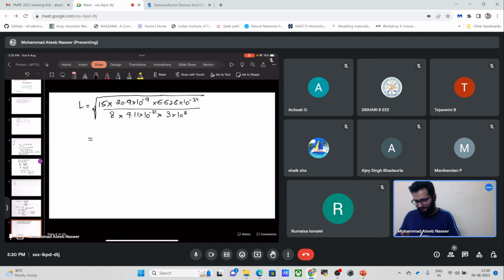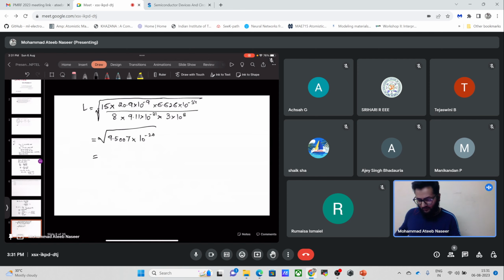Let me solve this. It will simply be 15 into 20.9 into 6.626, and this is coming out to be equal to 9.5007 into 10 to the power of minus 20, under root.